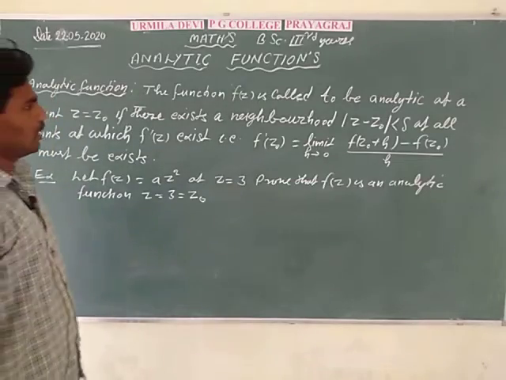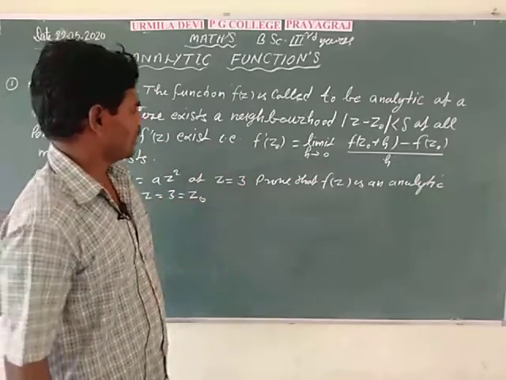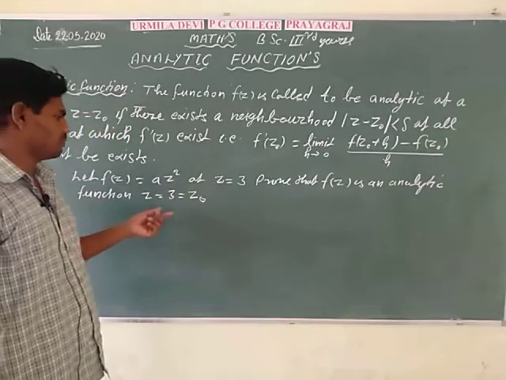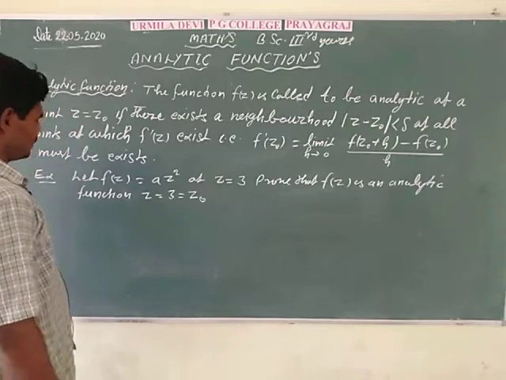Now consider the second method to find f dash z, meaning the derivative of the given function f(z) at the point z naught, meaning 3.